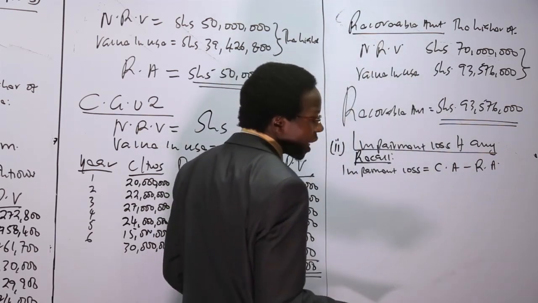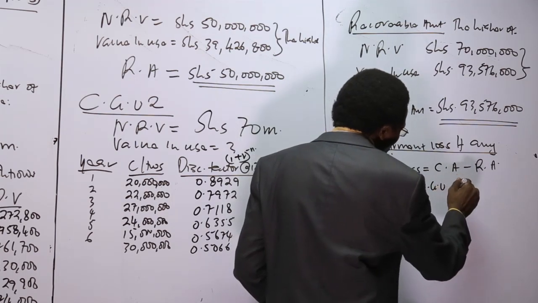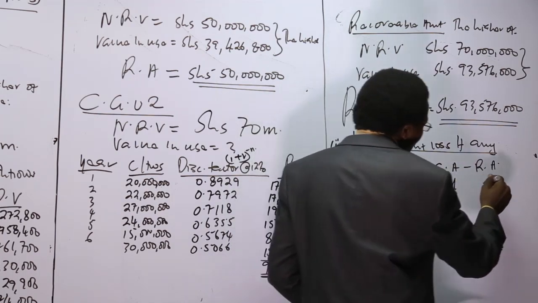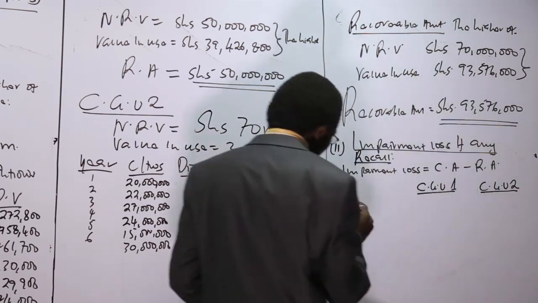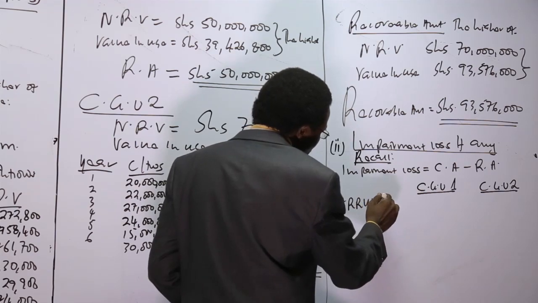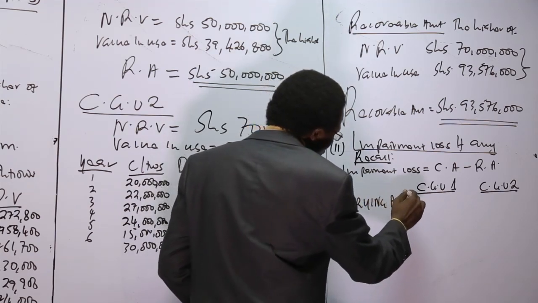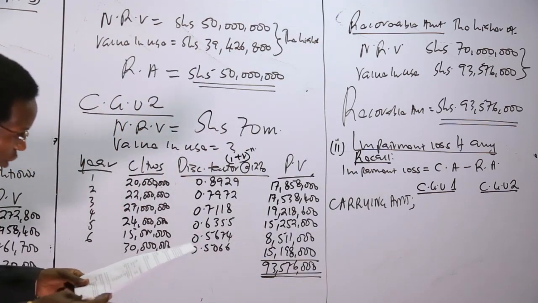So we have the two cash generating units, cash generating unit 1, then cash generating unit 2. We recognize the carrying amount for the two.